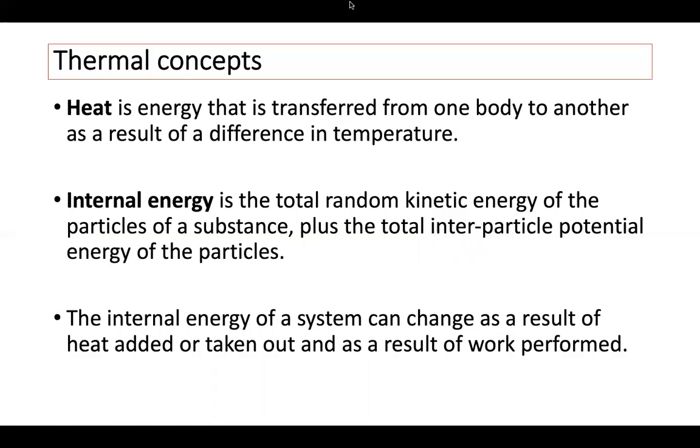Heat is the energy transferred from one body to another body, which is caused by a difference in temperature, which means it moves from hot objects to cold objects. Internal energy is the total random kinetic energy of the particles of the substance plus the total interparticle potential energy of the particles.